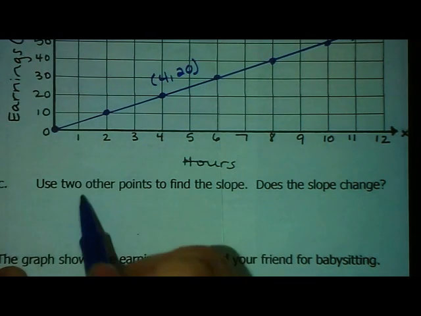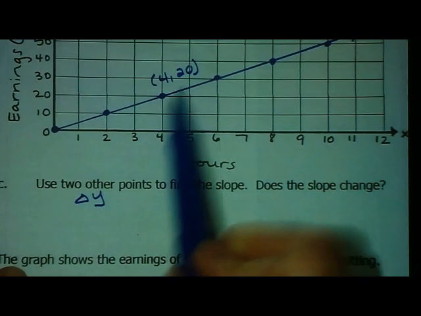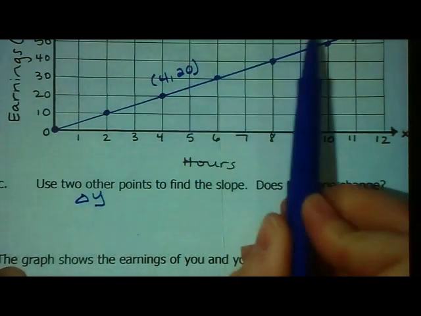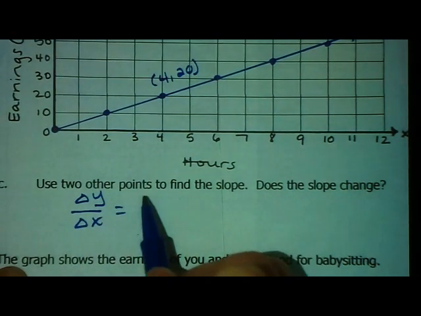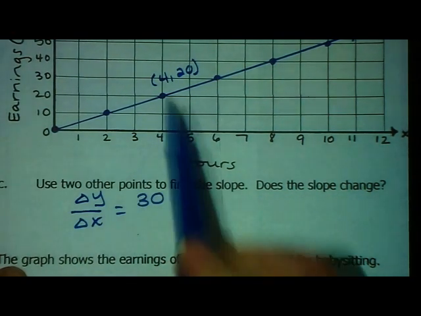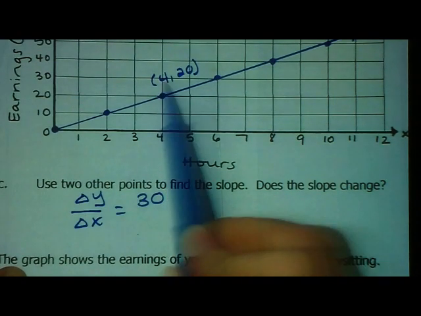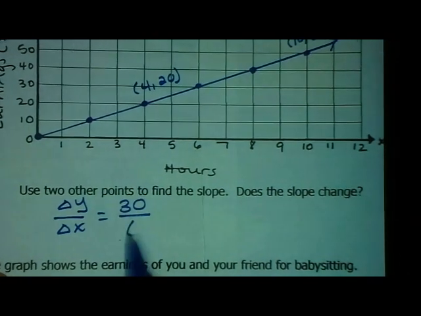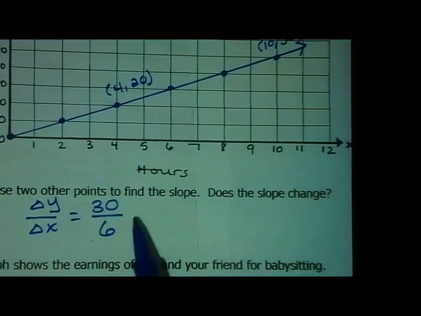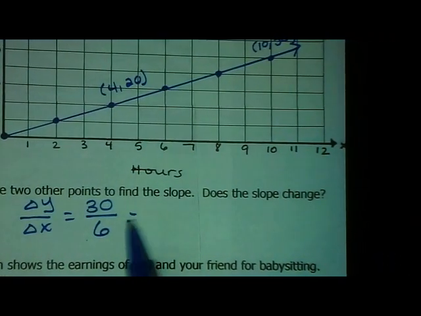Okay, so my change in y from 20 to 50 is 30. My change in x from 4 to 10 is 6. 30 divided by 6 is 5.